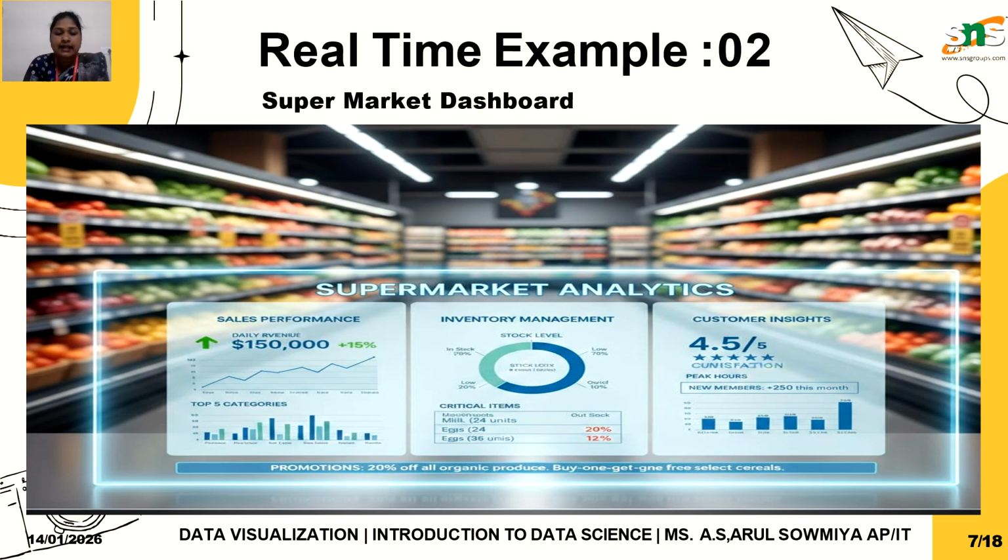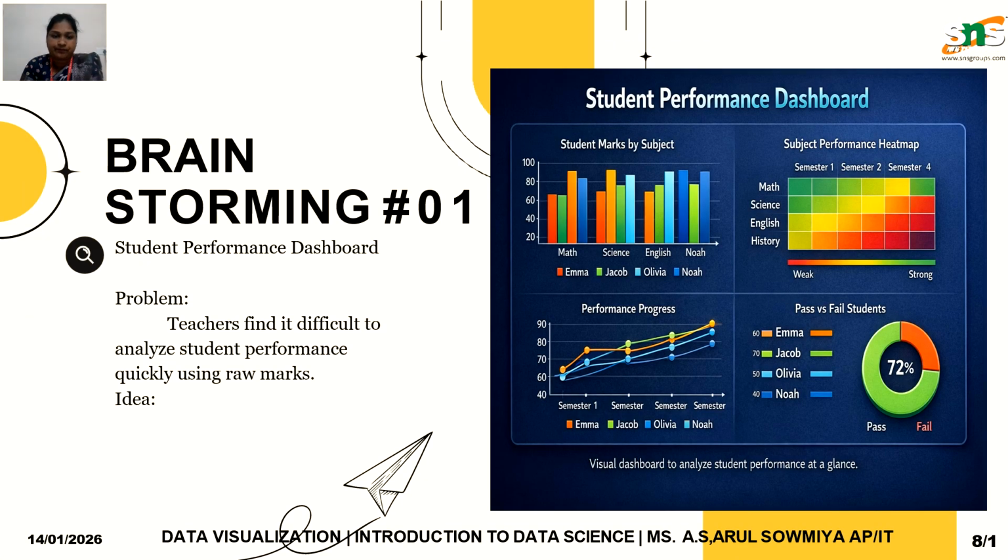The categories are split here, like critical items, for example milk, eggs, vegetables, fruits in a categorical way, and we can show the data in a pie chart. Using customer insights or customer reviews, we can get the number of members and the customer satisfaction entered in the data.